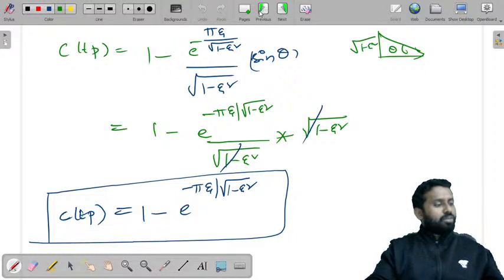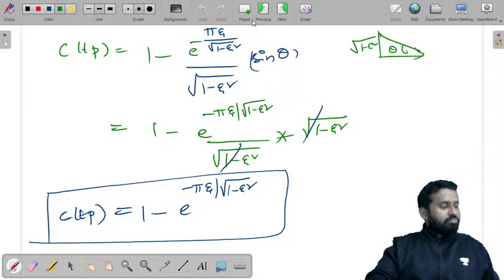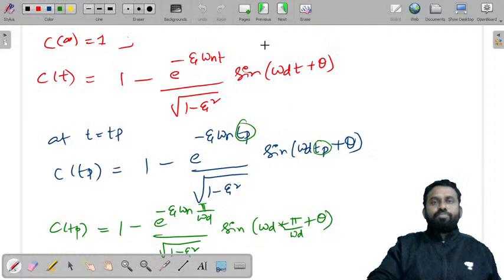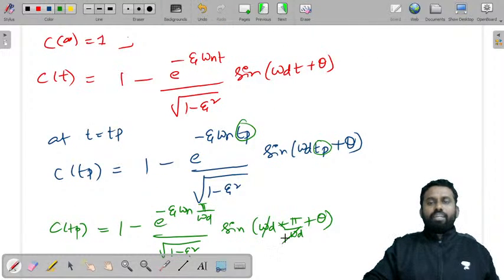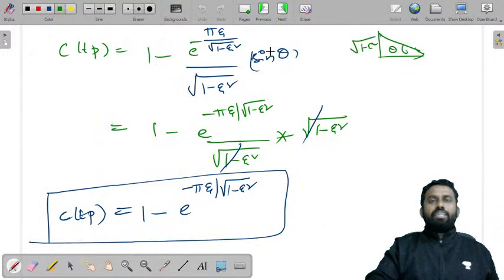Right, so this is what you get. So this is sin omega d, omega d if you cancel you get sin pi plus theta, wherein you will get minus sin theta. So this value is minus, so this is 1 plus.